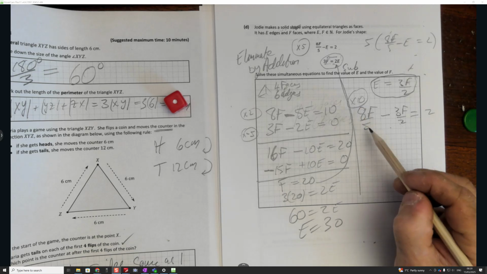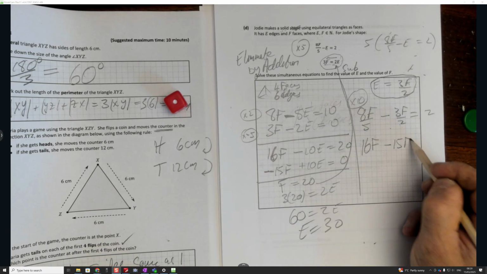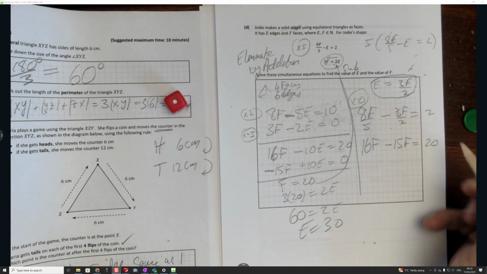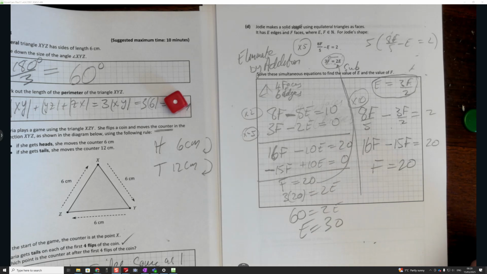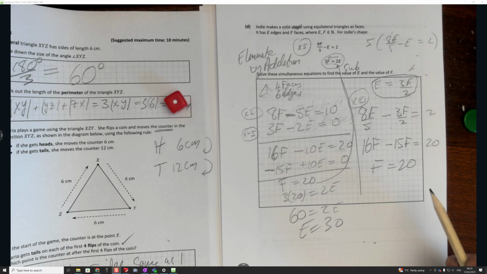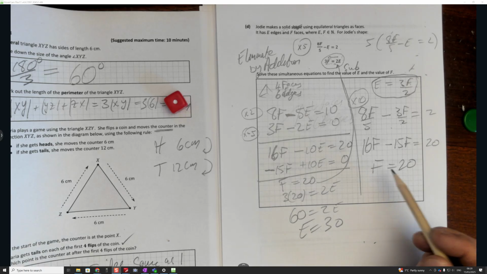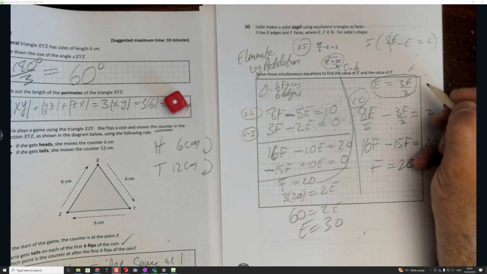Which is multiplying across by 2 for this one, and by 5 for this one. And there I am with my F equals 20 again. Okay. I'm not sure that this is better at all. I'd say elimination is better in this case because of the fractions. But then they will come out again with the rest of that with E equals 30.